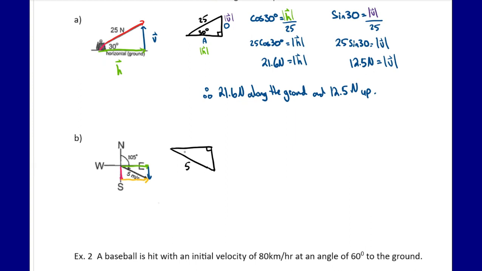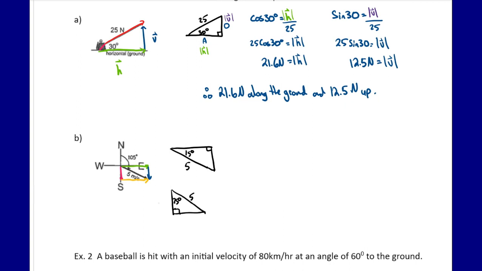This angle would have to be 15 degrees because if the entire thing is 105, 90 to east, then 15 from east to the vector. The other triangle I could draw, this would have to be 75 degrees, and this is still 5.